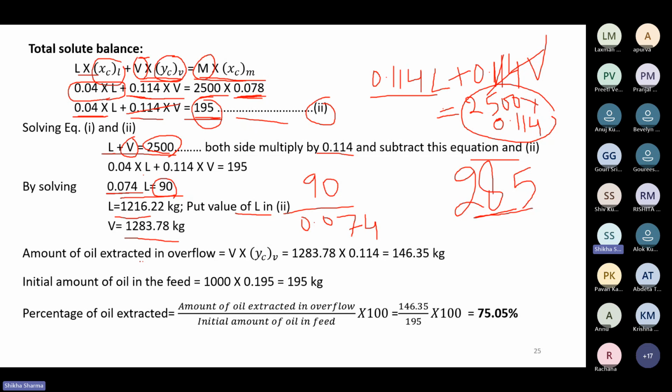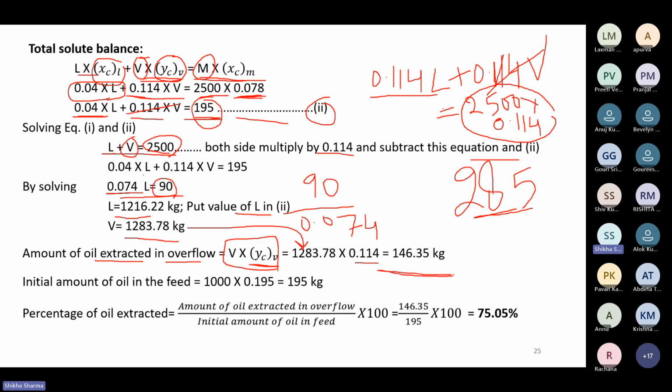Now the amount of oil extracted in the overflow will be V, the amount of overflow, times the solute concentration, which is V times yV, that is 0.114 times the value we just calculated, 1283.78.